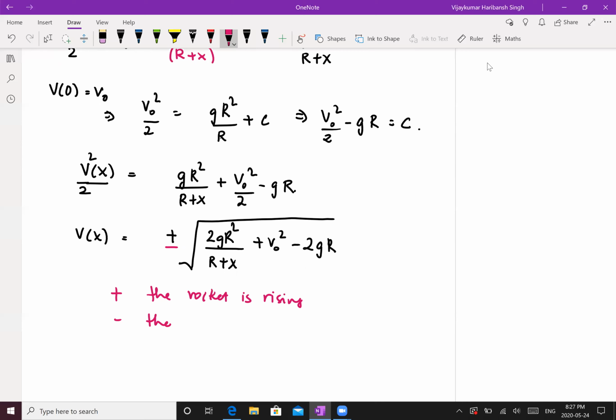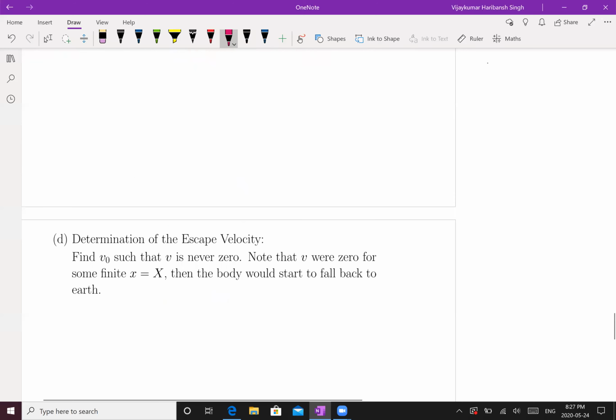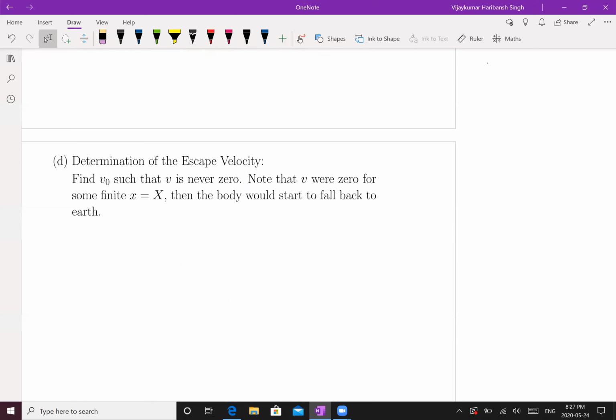If v is negative, that means the rocket is falling. Okay, so this is the idea behind it. Now, the next part is, of course, we wanted to determine the escape velocity of this guy, right? So let's go about that.